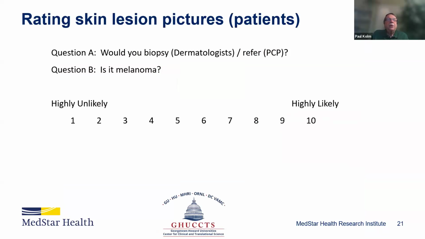And so there are two questions. The first one, for the dermatologist, was: would you biopsy? And then for the PCPs, the question was: would you refer to dermatology for a biopsy? And then question B is just simply for both: is it a melanoma, from highly unlikely to highly likely?